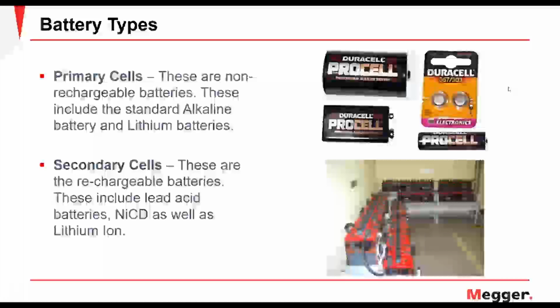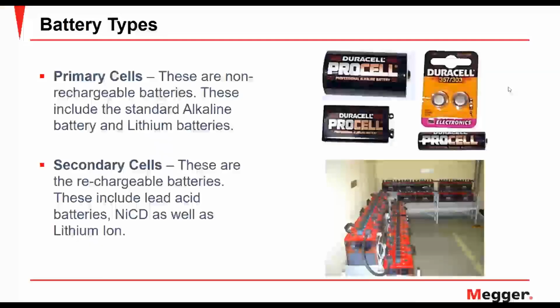We use them, utilize all the charge in them, and then we throw them away. Secondary cells, however, are rechargeable. Once we discharge them fully, we can recharge them again and use them for a long period of time.